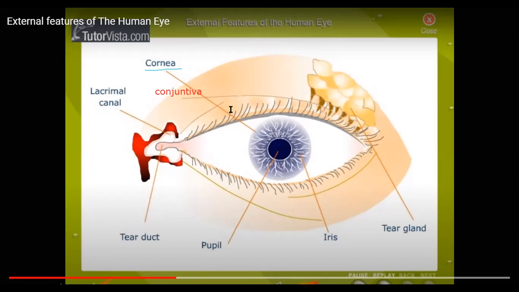That means when this particular layer, the conjunctiva, is attacked by a certain viral infection, it turns red, and it is known as conjunctivitis. Obviously any kind of medicine or eye drop can clear it out. It takes time, but it can clear it out.